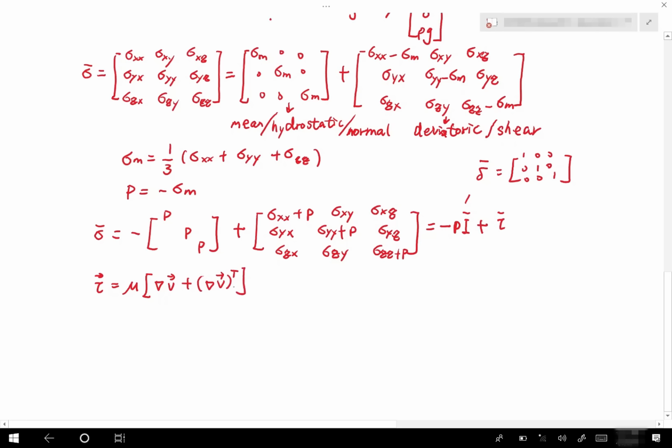So this is the extension of the definition of viscosity. And this one is the kinematic viscosity. That's the definition of it.